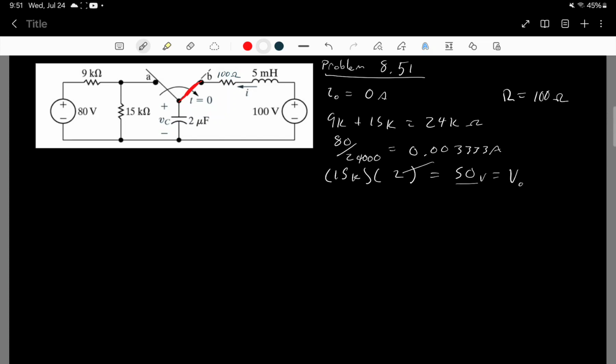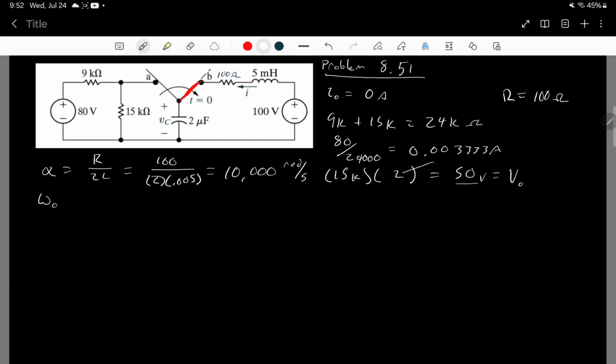The first thing that we're going to do is find our Neper frequency, which for a series RLC circuit is R over 2L. So you have 100 over 2 times 0.005 henries, which is equal to 10,000 radians per second.